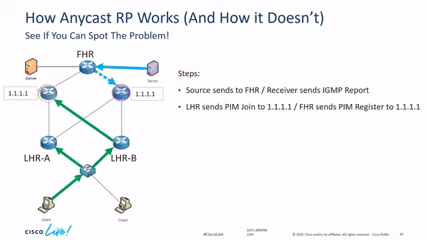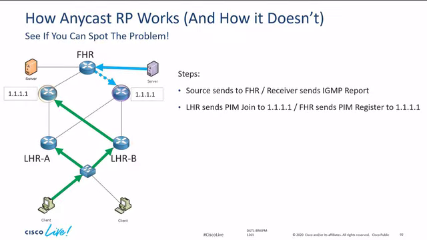At the same time, or maybe later, maybe before, we have a receiver that also wants to receive multicast traffic. It sends an IGMP report, which gets converted into a PIM join. And that PIM join is forwarded to 1.1.1.1 using, again, the best path to that in the RIB for LHRB. Now notice, in this case, that both routers have made different decisions on where that RP is.